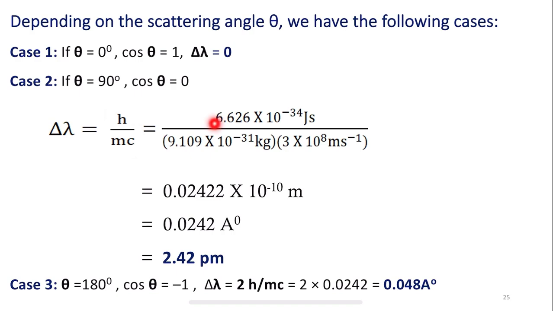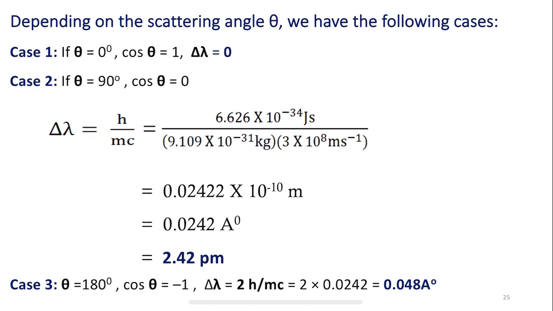Substitute the values: h is 6.626 into 10 raised to minus 34 joule seconds, the mass of the electron is 9.109 into 10 raised to minus 31 kg, and the velocity of light is 3 into 10 raised to 8 meters per second. Substituting the values, we get 0.0242 Angstrom, or in terms of picometers, we can write it as 2.42 pm.